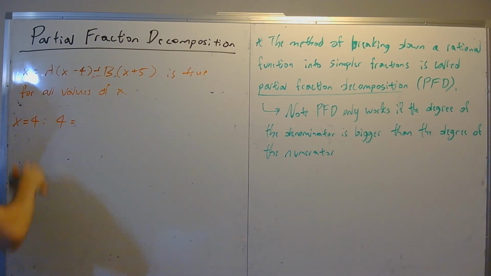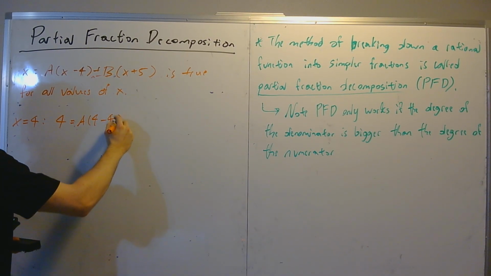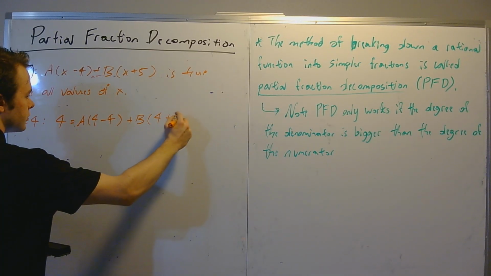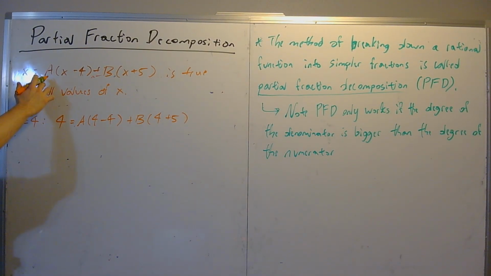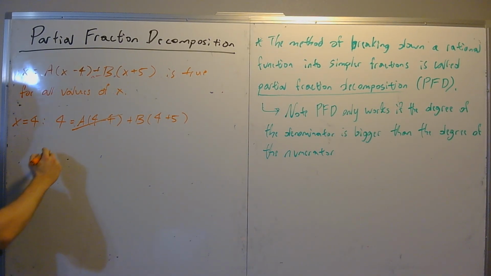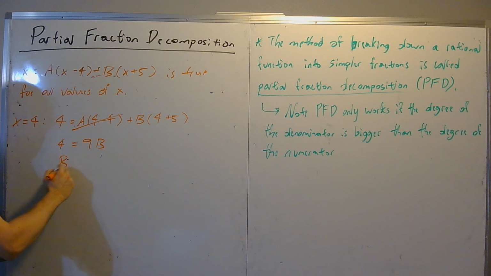Alright, so if we use this equation, we plug in x equals 4: 4 equals a times 4 minus 4 plus b times 4 plus 5. Right, so I just plugged in 4 up here, and now we can see that this part cancels out, so 4 equals 9b, and that gives us exactly that b is 4 over 9.